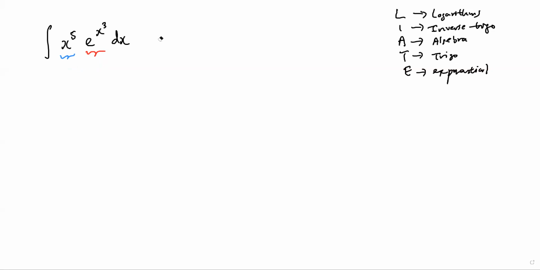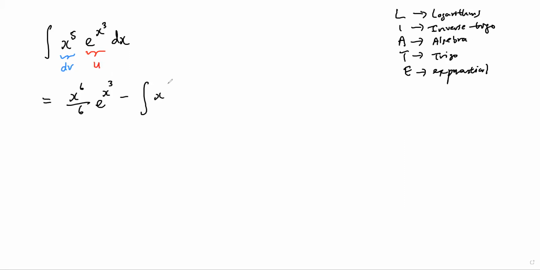So maybe I should let x to the power of 5 be dv, and then we can let e to the power of x cubed be u. Let's see how this goes. If I follow the by parts formula, this would be uv, so v would be the integral of x to the power of 5, that's x to the power of 6 over 6, times u, minus the integral of v du.